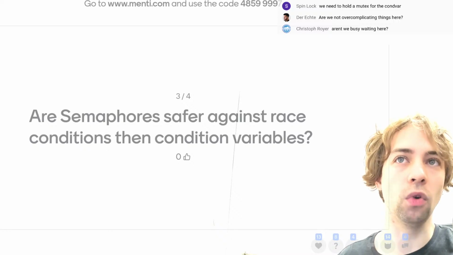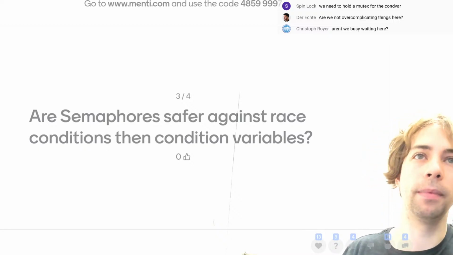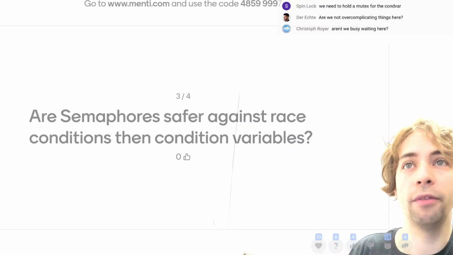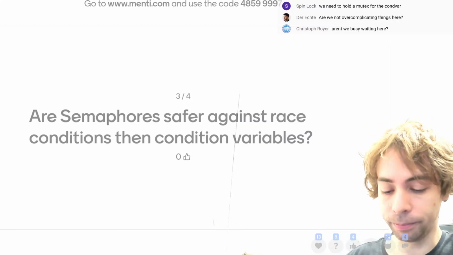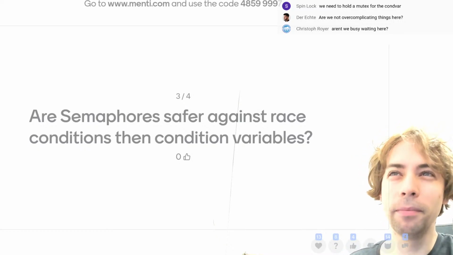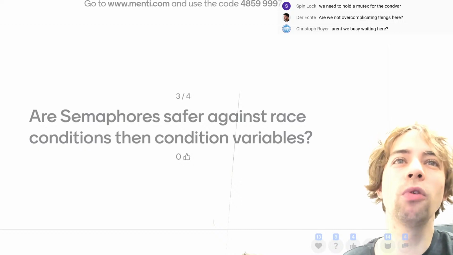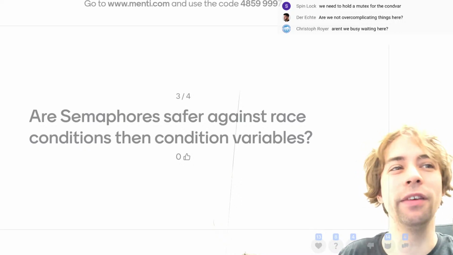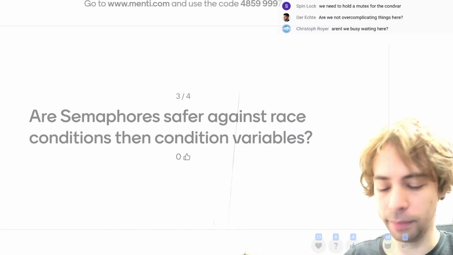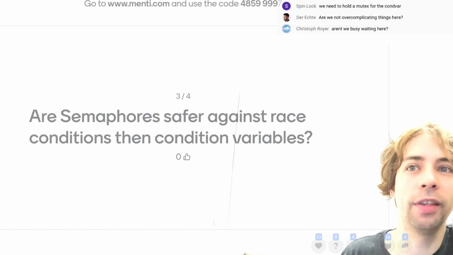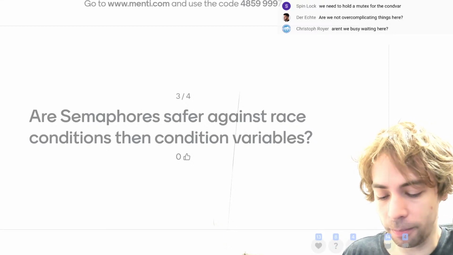So you don't have to acquire some additional mutex or semaphore to make that operation thread safe as you have for condition variables. So in that sense, maybe you could say that, but the programs that you write are not more or less thread safe if you use the one or the other. It's just a matter of taste, basically, whether you prefer semaphores or condition variables.